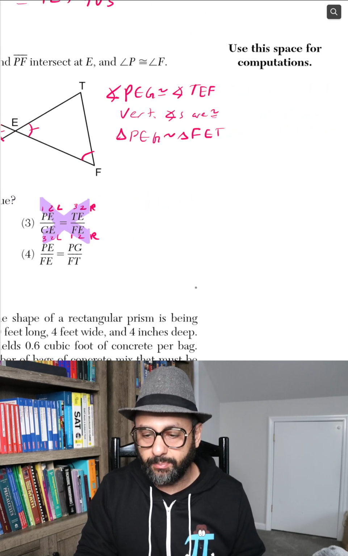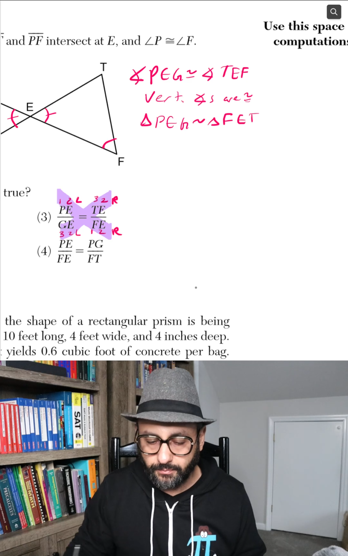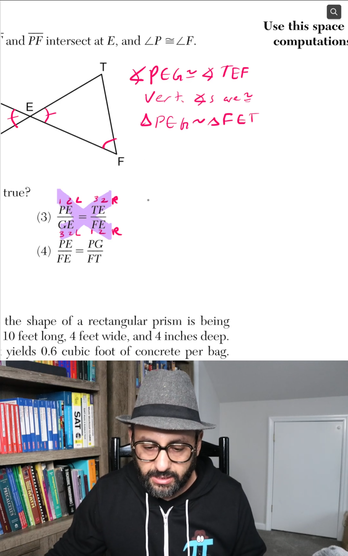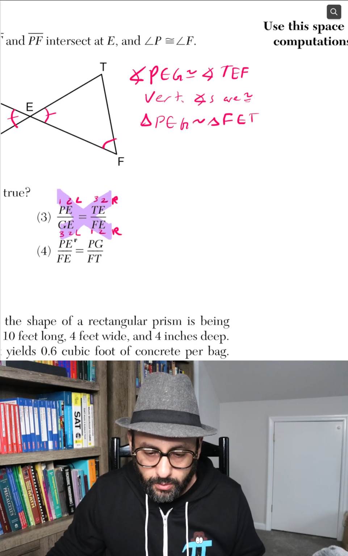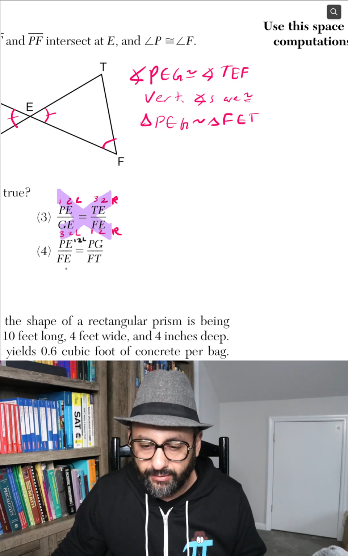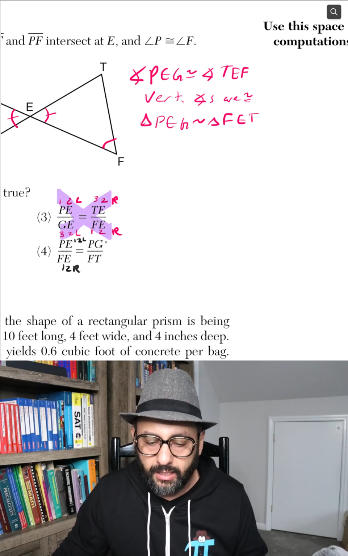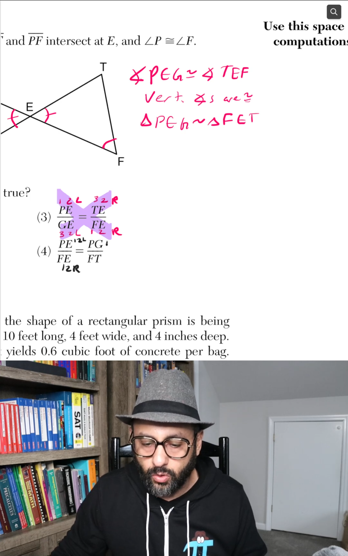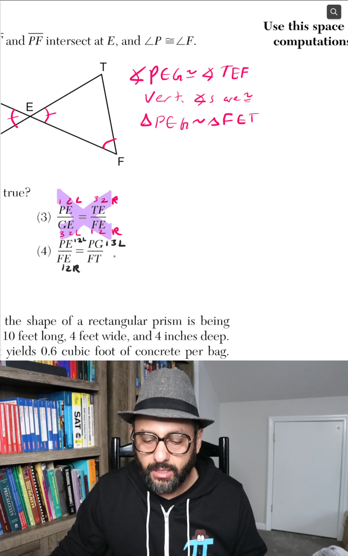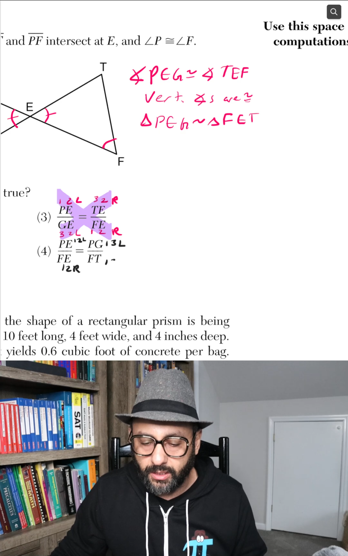And let's actually compare. PE is vertex 1 and 2 on the left, and FE is vertex 1 and 2 on the right. Here, vertex PG is 1 and 3 on the left, and FT is vertex 1 and 3 on the right.